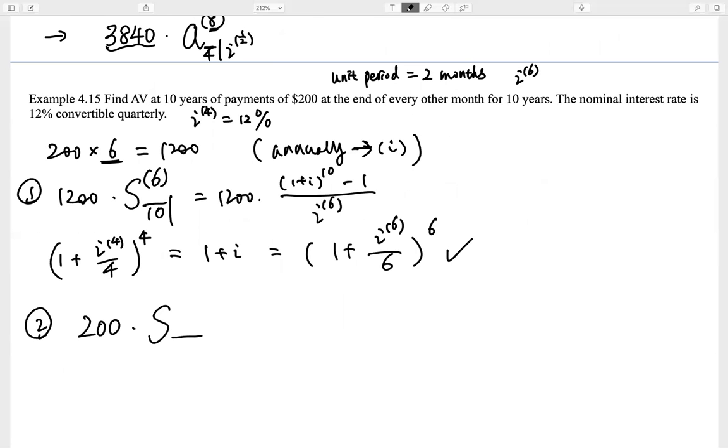I have 10 years, and in each year I have 6 payments. So I just need to find the unit interest rate for every 2 months. I can do the same thing. This you can calculate from your financial calculator. So this will give you the same result as this. They are the same thing.